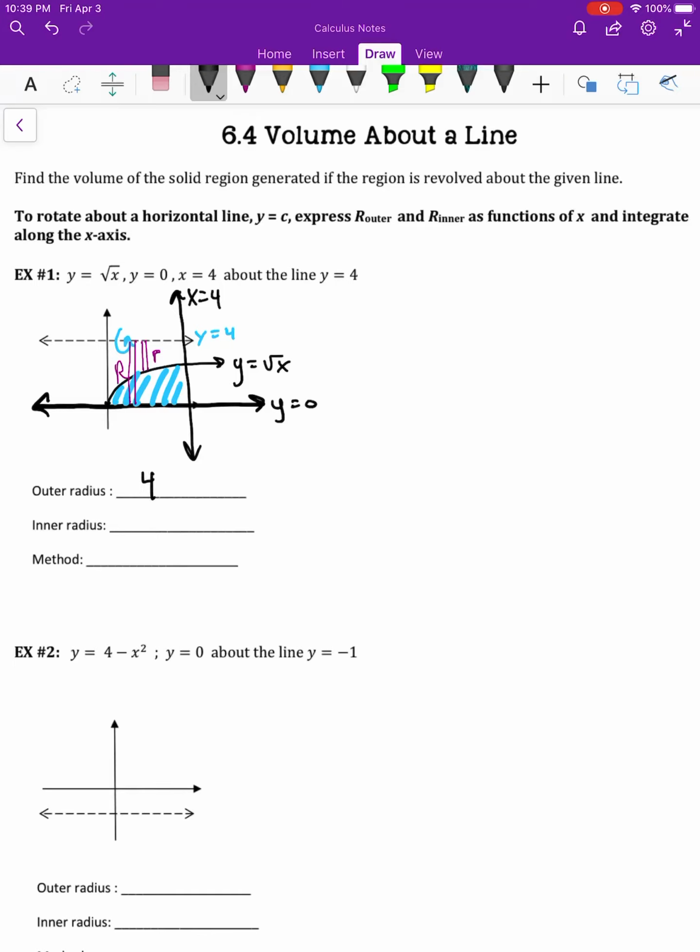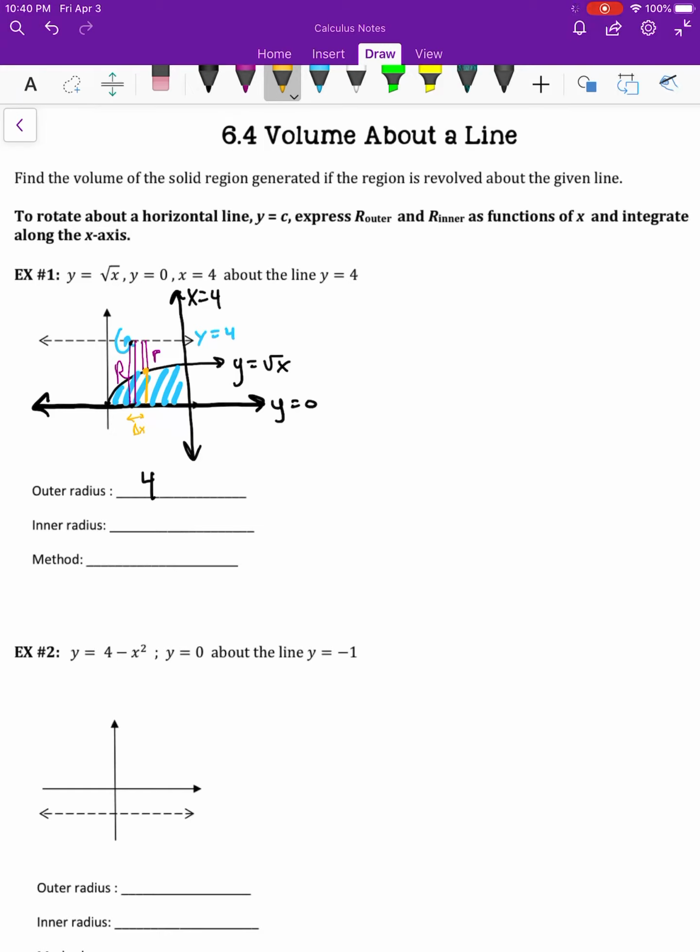So now, outer radius is just 4 because it is from this point to this point, and that would be 4. Inner radius, notice that if I picked a point here, this region right here is the y value of that point. And did you notice that this was delta x for both of these little rectangles here?